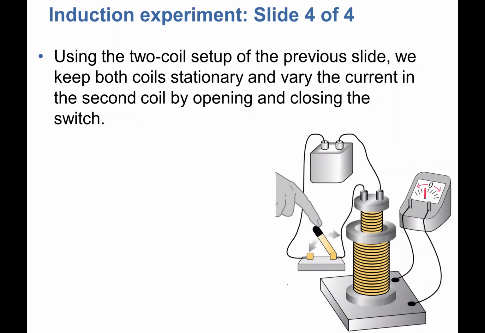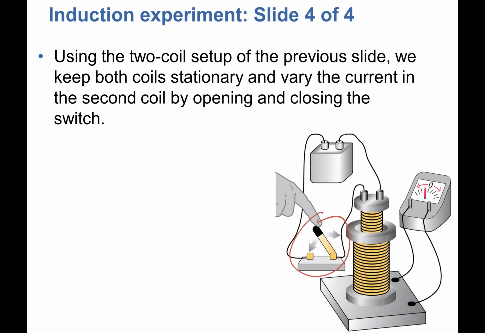Now, yet another experiment was done by Faraday, by taking the secondary coil and putting it inside the primary coil, and putting a switch between the secondary coil and the power source.